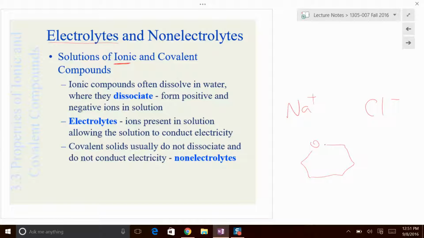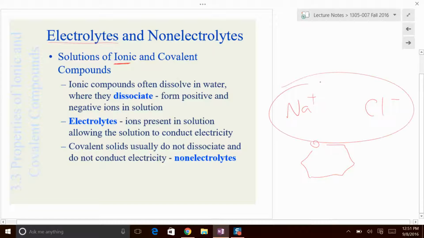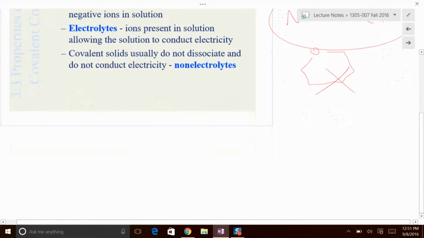Ionic compounds break apart in water, whereas covalent ones will not. So ionic compounds will conduct electricity. These ones won't. Okay? So what about water itself? Does water conduct electricity? Is water ionic or covalent?